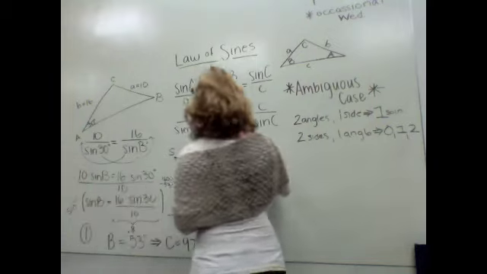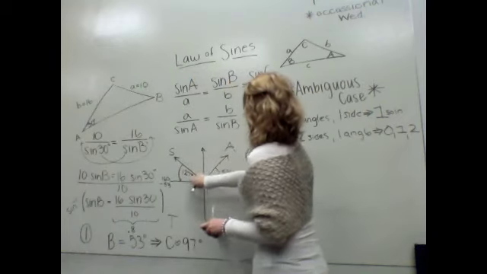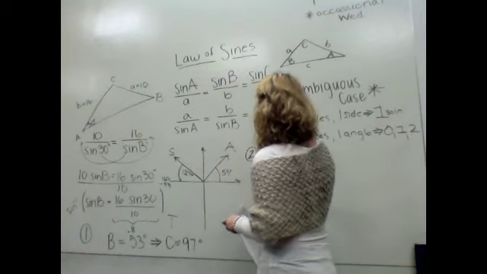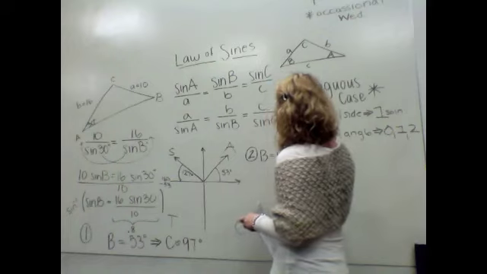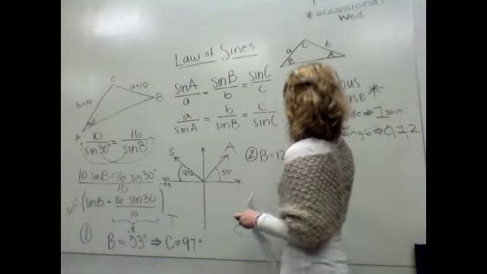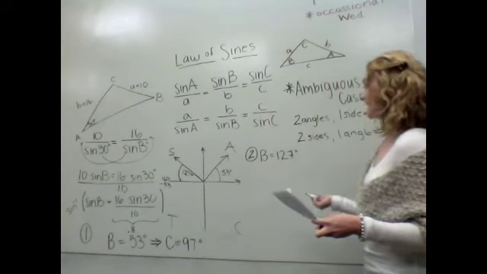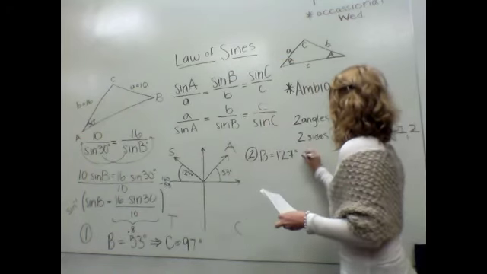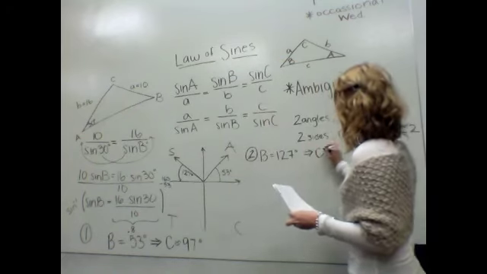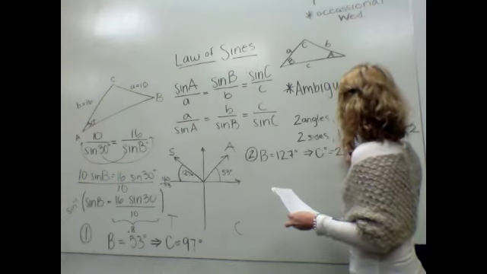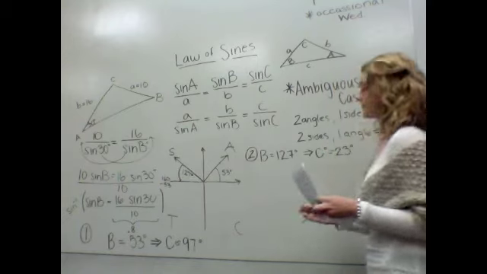In my other case, we have that angle B was 127 degrees. So we have 127 degrees, we have 30 degrees, we all know that it has to add up to 180 degrees, therefore giving me that C is 23 degrees. Okay?